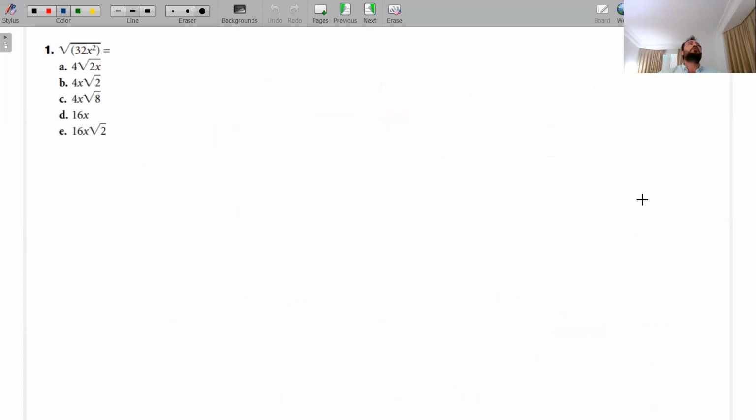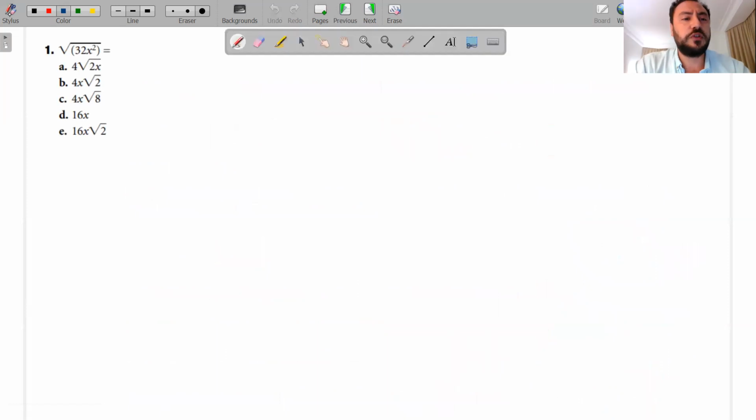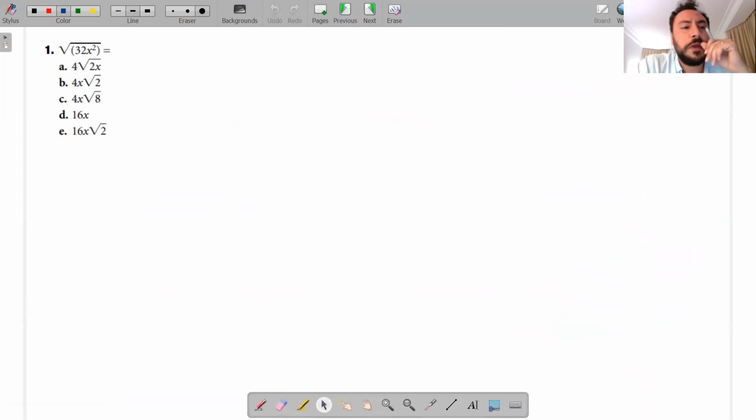Now, what can we find on the SAT that is important to know? How can we, for example, solve or simplify this square root of 32x to the power of 2? That's an interesting one. The first thing I can do is split the numbers from the exponent.